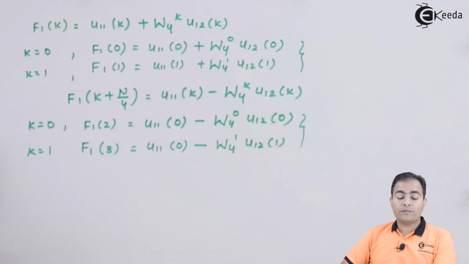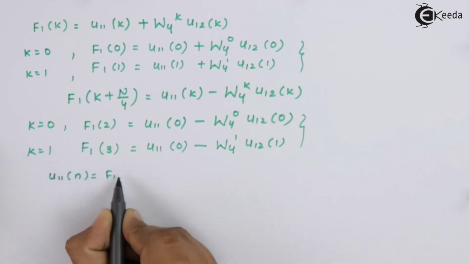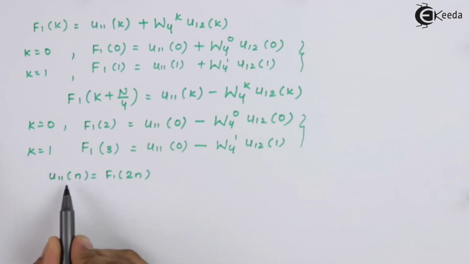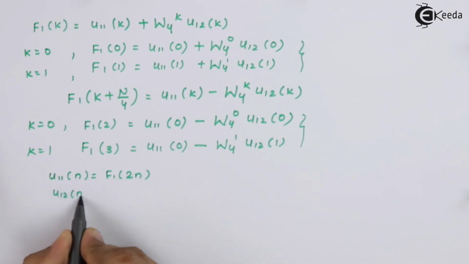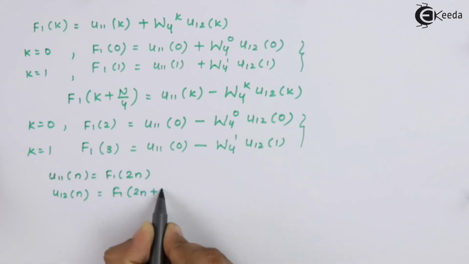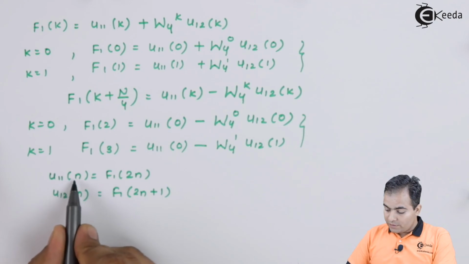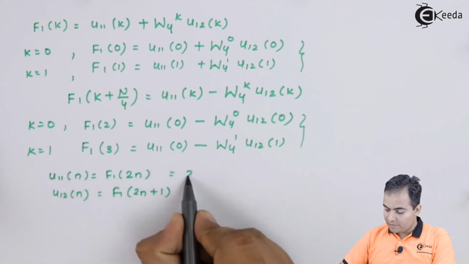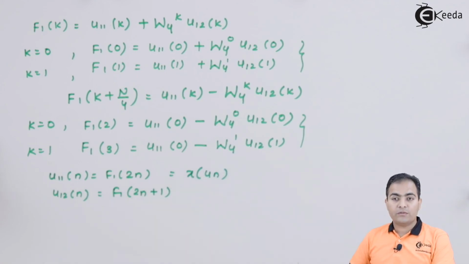What is u11 of n? u11 of n is nothing but f1 of 2n and f1 of 2n plus 1. So f1 of 2n is nothing but my x of 4n.